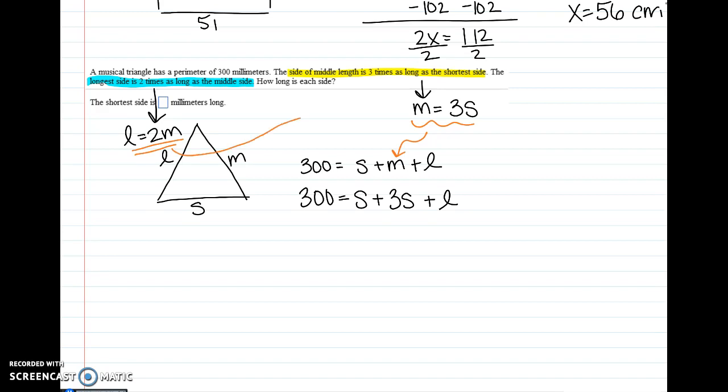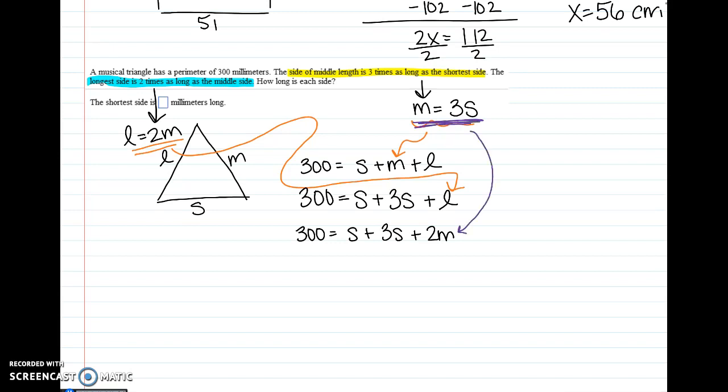Luckily, we know that the longest side, over here, is twice the middle side. So 300 equals S plus 3S plus 2M, which again is terrific, but now I have an M. So I say, oh, self, let's make this M a 3S. So it's kind of like a maze, right? We're plugging in all this information till we can whittle this down to an equation with just one letter to solve for.